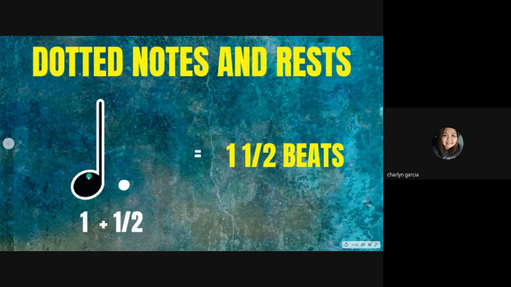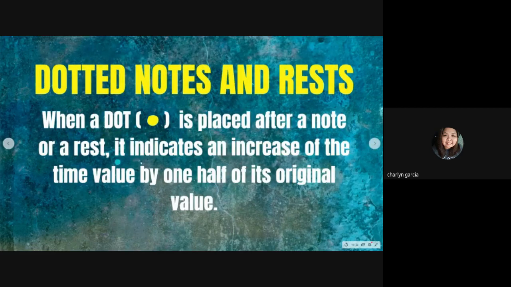Halimbawa, what kind of note is this? Correct. It's a quarter note. At meron siyang katabing dot. Ang quarter note ay mayroong isang beat. Kapag meron itong katabing dot, mag-i-increase ito ng kalahati ng kanyang original value.